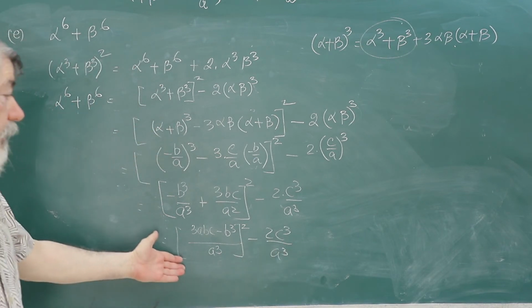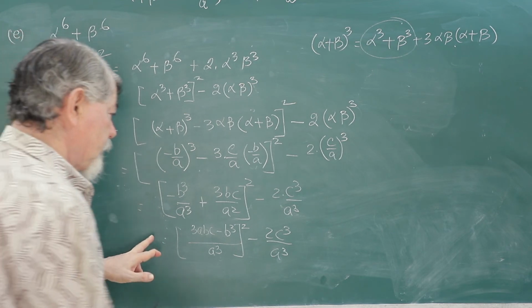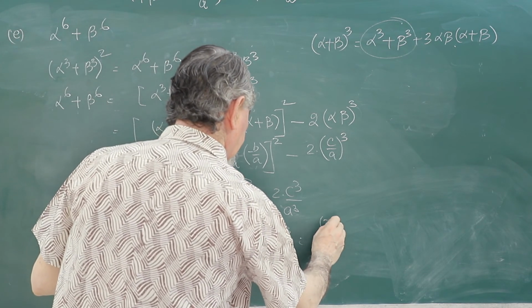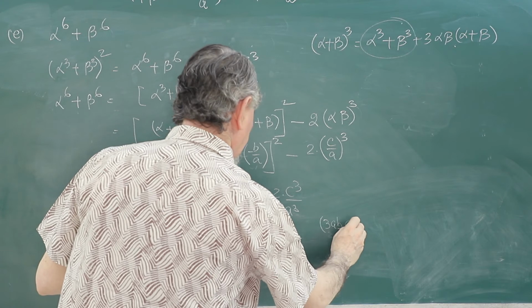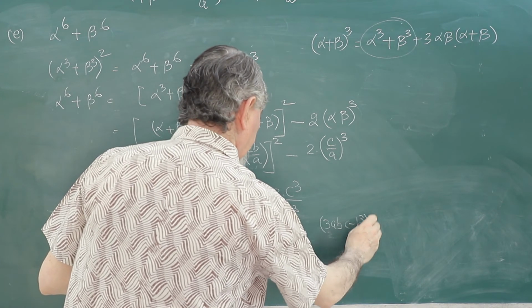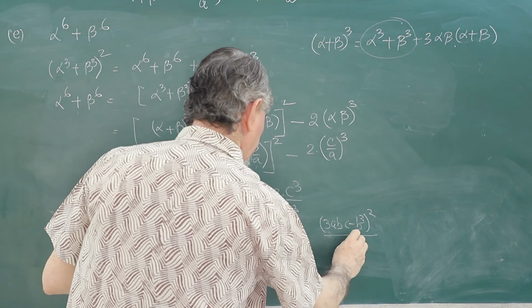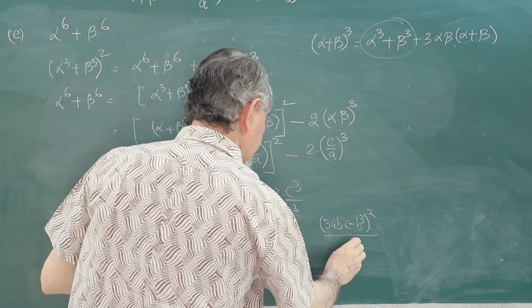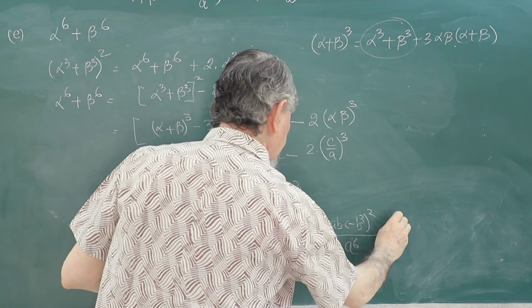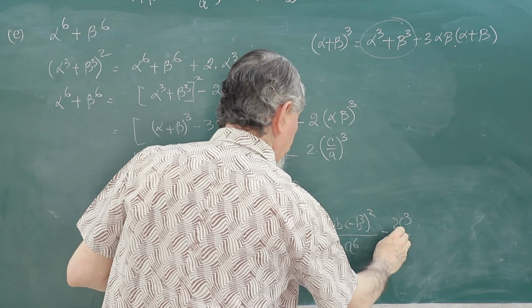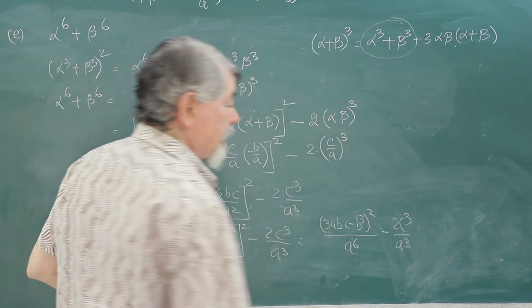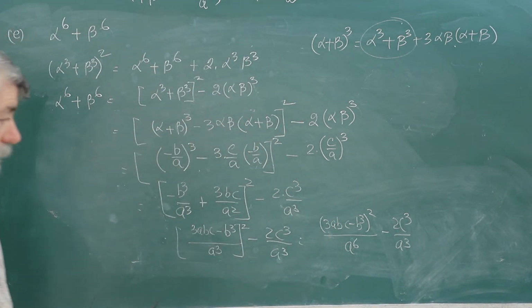This is the way. I can write it another way also. That is (3abc minus b cube) whole squared upon a to the power 6, and minus 2c cube upon a cube. You can take the LCM as a to the power 6.